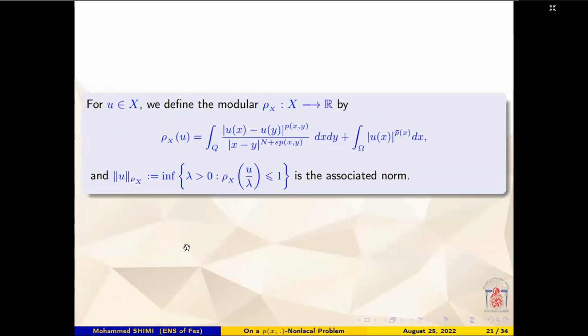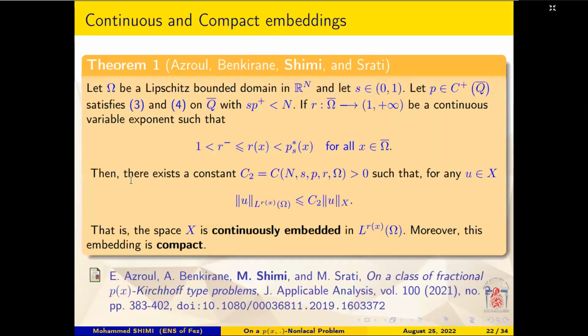For u belonging to X, we define the modular function given by this expression and its associated norm given by this formula. So we move now to the continuous and compact embedding results, which are very important in the study of our problem.